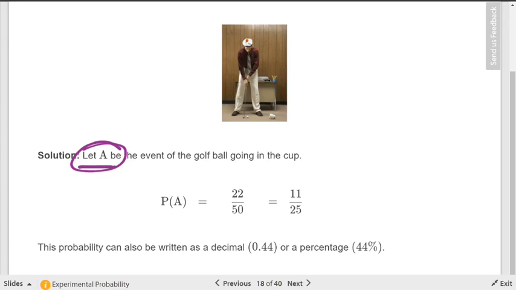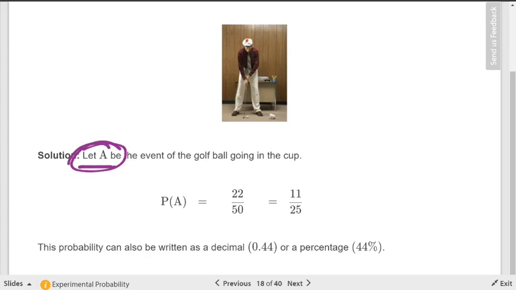Okay? Can you use abbreviations? Sure. Can you use initials? That's fine. But be specific. Be specific enough so that someone reading your paper, not me, right? Because someone else reading your paper will know what you're talking about, by seeing the original problem and what you wrote. Okay.